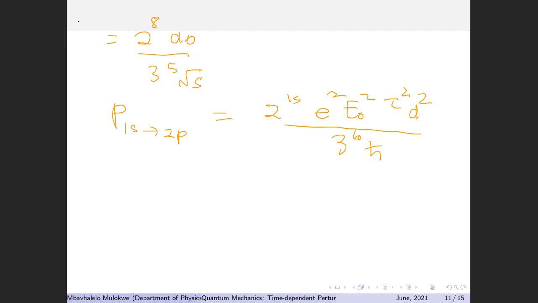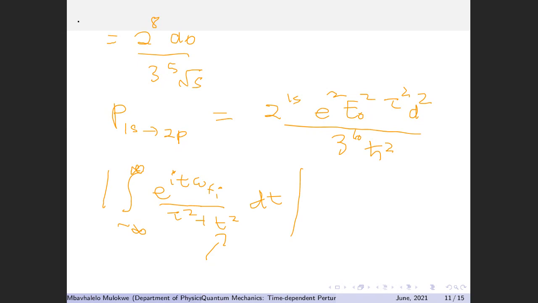But we are not yet done, because remember that everything here was inside an integral over the time, so we still have to do the integral of e to the i omega final-initial t over tau squared plus t squared, from minus infinity to infinity, dt. Does anyone have an idea as to how you go about doing that integral? We are nearly done. We are just left with an integral over the time.